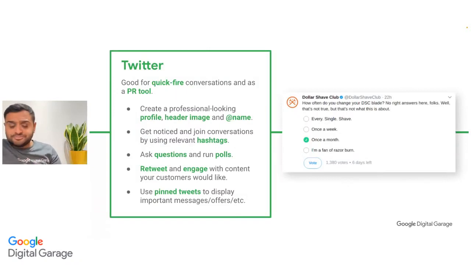So we've got the likes of Twitter. Twitter is very much what I like to describe as a conversational platform. From a business perspective, it's less about firing out tweets every hour saying, buy from me, buy from me, buy from me.